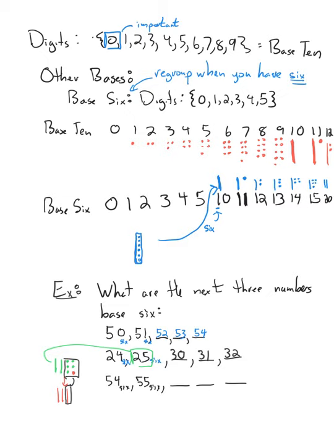Okay, so the last one, well, we're going to have to do a little regrouping here. This is going to be very similar. We talked about the number 99 on the previous slide in base 10. Here we're talking about 5 5 in base 6. I don't like to say things like 55 in different bases.